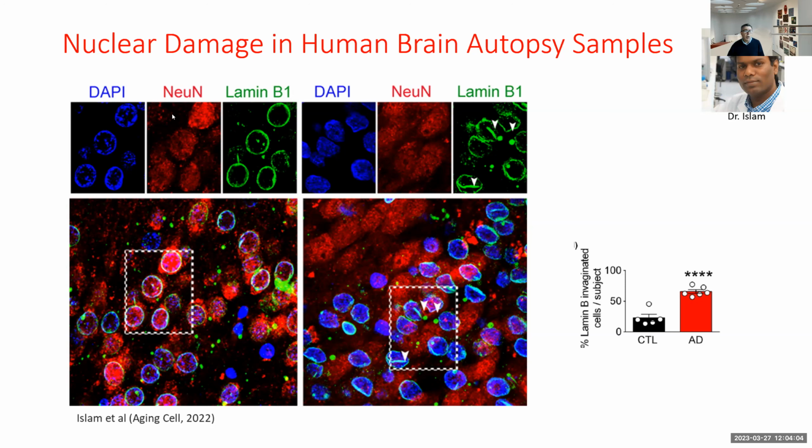So in a normal tissue, when we stain for lamin B1, we can see that neurons have a very smooth expression of lamin B1 right under the nuclear envelope inside the nucleus.